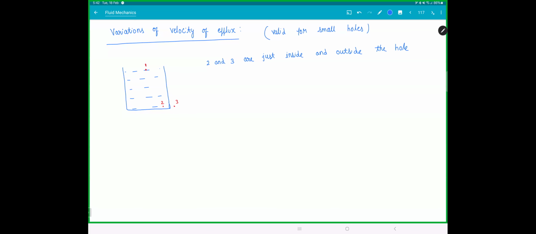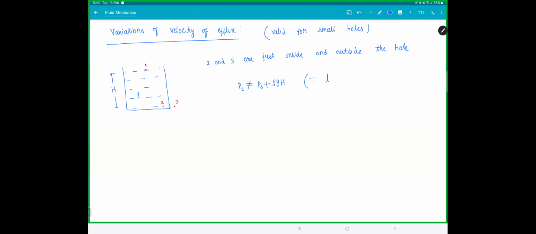Now the question is, can I say P2 is equal to P naught plus rho gh? Can I do this? You cannot do this. This formula was derived under the assumption the liquid is at rest, isn't it? But here, when you make a hole, the liquid is flowing out. So that means the liquid actually has acceleration. So P2 is not equal to P naught plus rho gh.